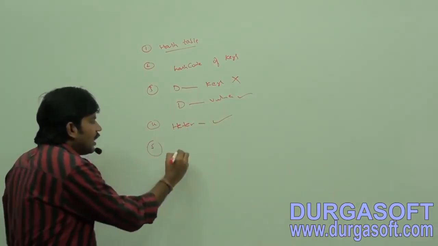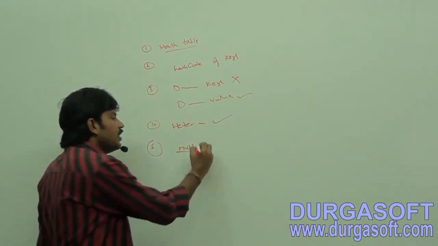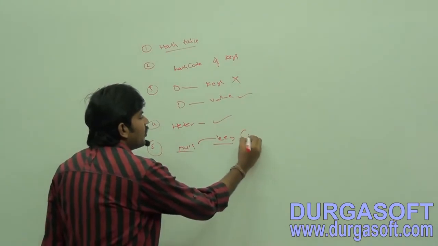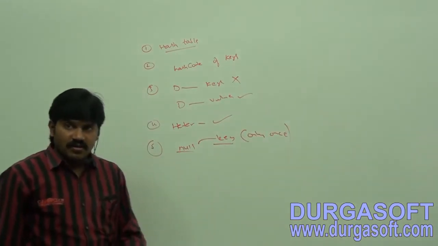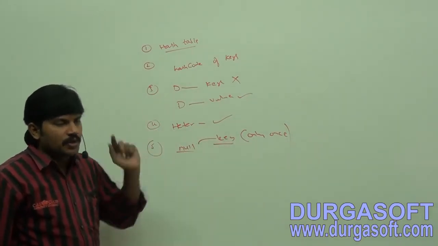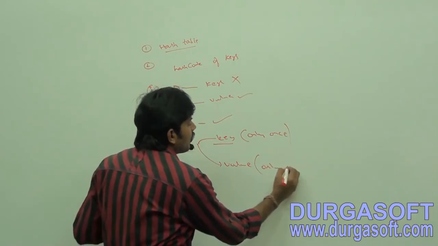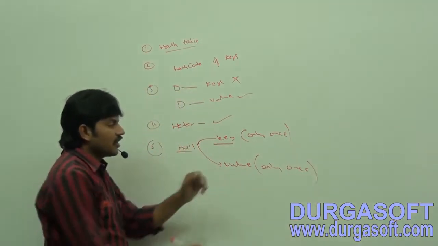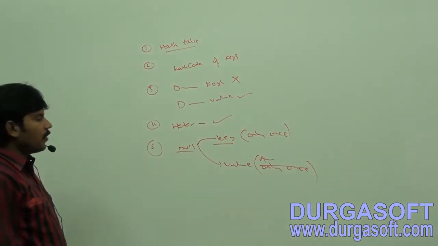Next, null is allowed for key, but how many times? Only once, because duplicate keys are not allowed. Null is allowed for value, any number of times, no problem at all.